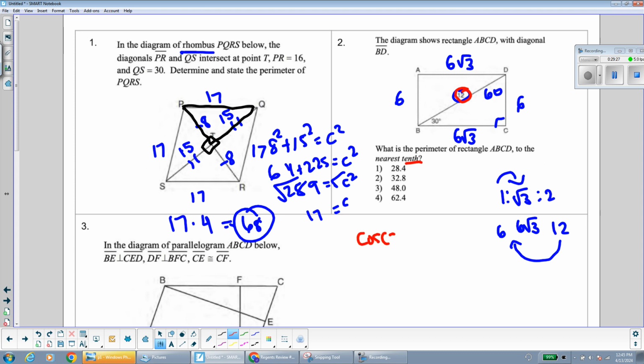I'll set up cosine of the 30-degree angle equals x over 12. And then if you were to solve your cosine ratio, that would give you this side over here. And then you can either set up another trig ratio or use the Pythagorean theorem to get this other side. Regardless of how you do it, you should get the same answer either way. And you should get 32.8 rounded to the nearest tenth.